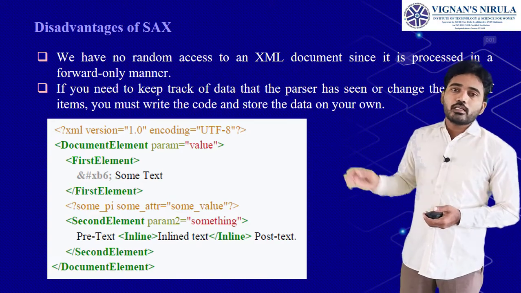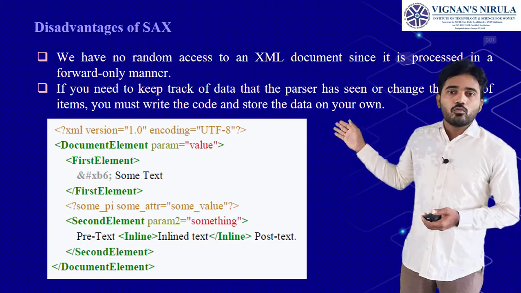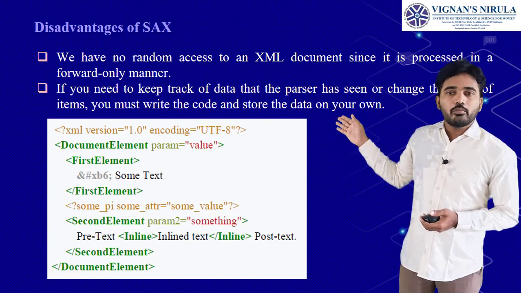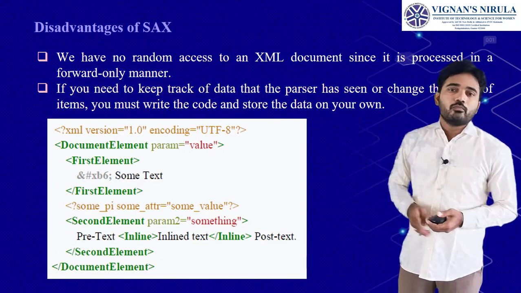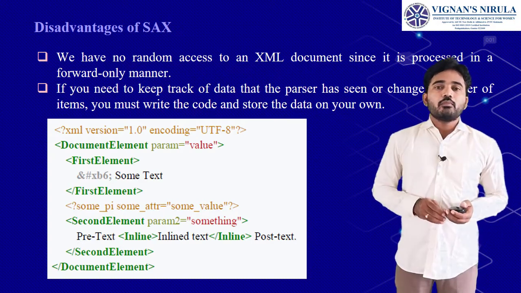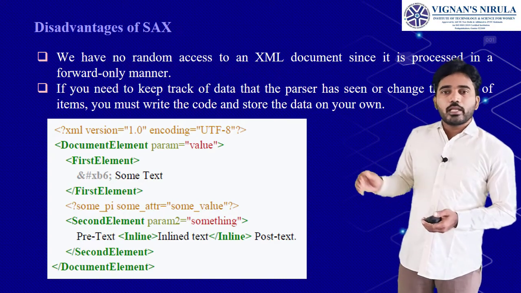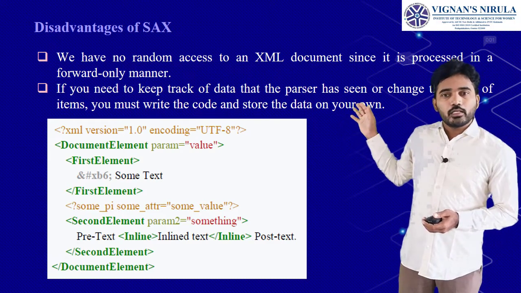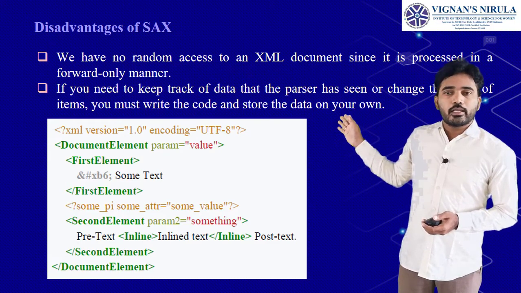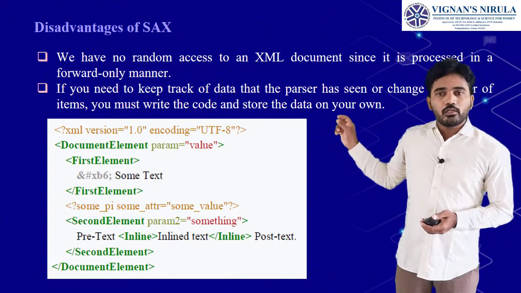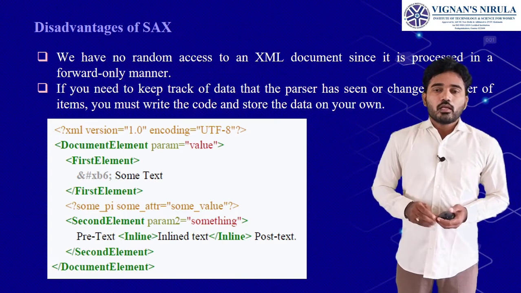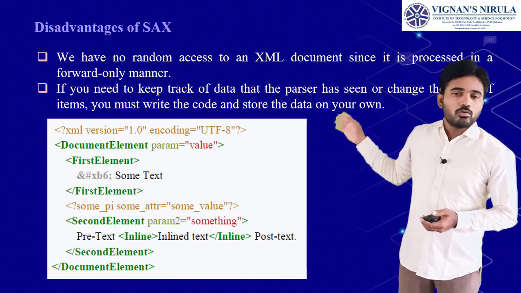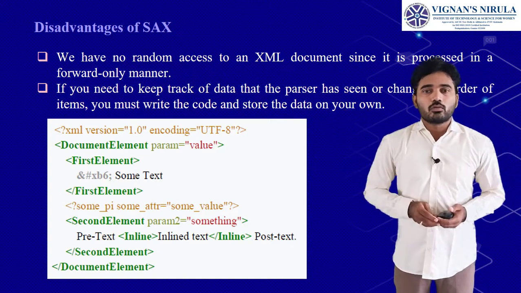Thereafter I created a second element, param2, with an attribute param2 and something value, and wrote some text, and then started an inline element with inlined text and closed the inline element. Thereafter a post text is written, and the second element is closed and the document element is also closed.